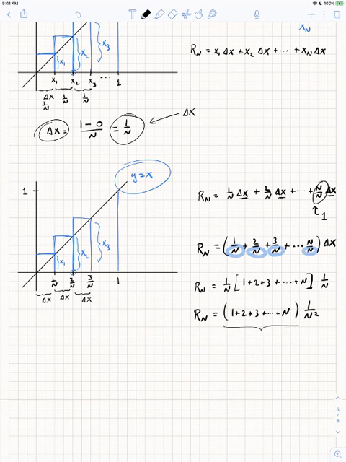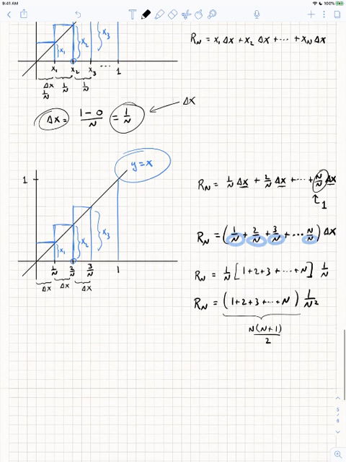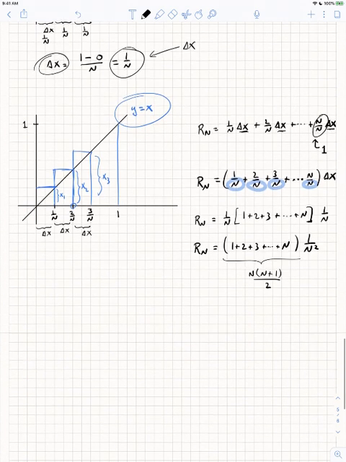Now, in the parentheses here, I have the sum of the first n positive integers, and there's a formula for that. The value of that is n times n plus 1 over 2. So that means that r sub n is equal to n times n plus 1 over 2 times 1 over n squared.